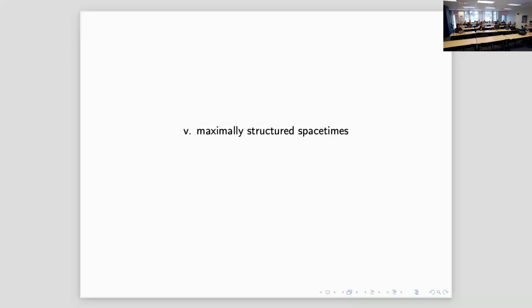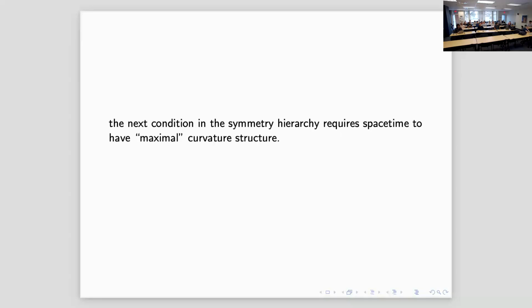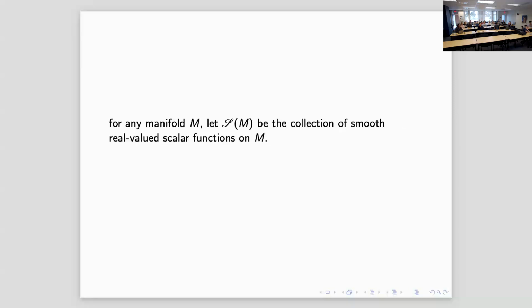All right, so now let's talk about the final level. I call these maximally structured spacetimes. This condition requires that spacetime have maximal curvature structure. So for any manifold M, let S(M) be the collection of smooth real-valued scalar functions on M. I don't have a metric involved in this step.